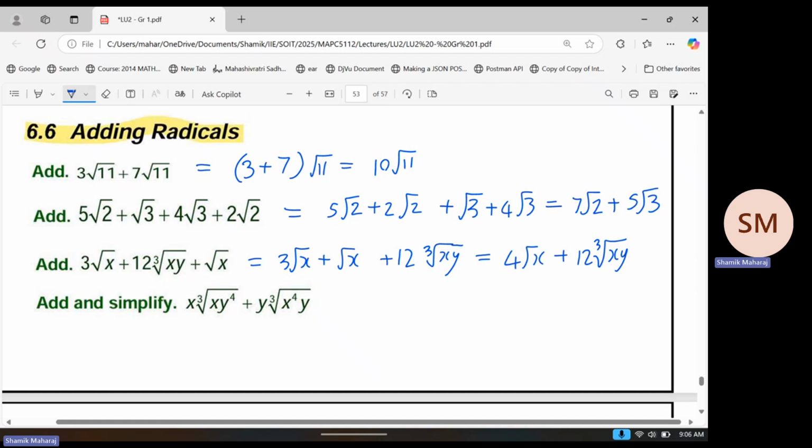Then we can pull it out, right? 4 plus 12 is equal to 5. I could write it like that.